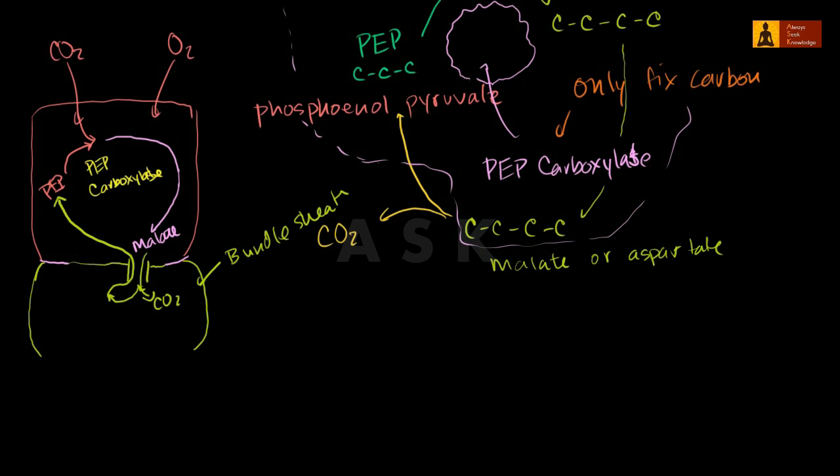And now I can perform the Calvin cycle. So now, inside this bundle sheath cell, I can fix the carbon dioxide with the ribulose bisphosphate using Rubisco, just like we learned in the original Calvin cycle. And we have the whole cycle, and we produce our sugars. We produce our phosphoglyceraldehydes, or PGALs, whatever you want to call them.